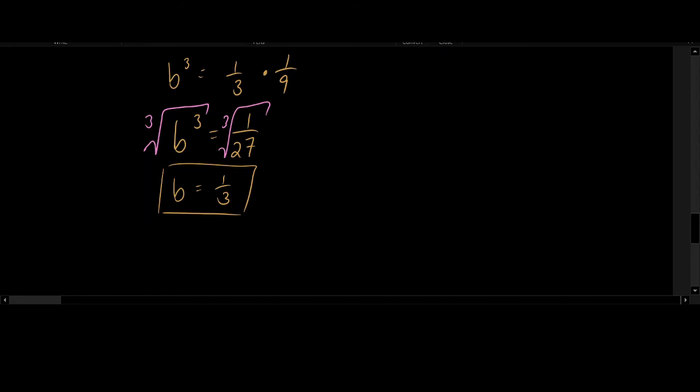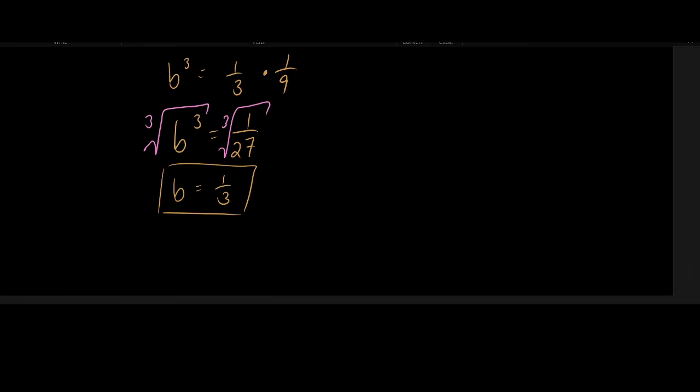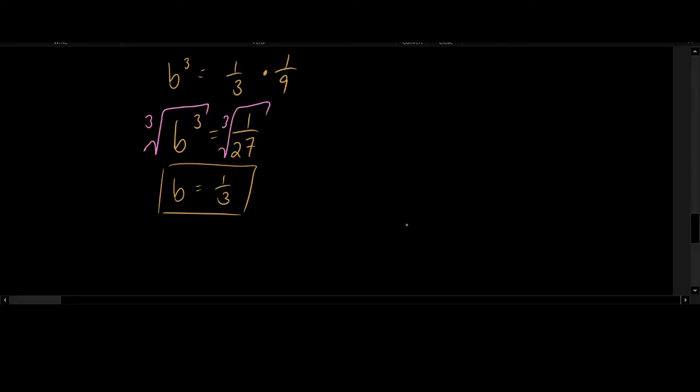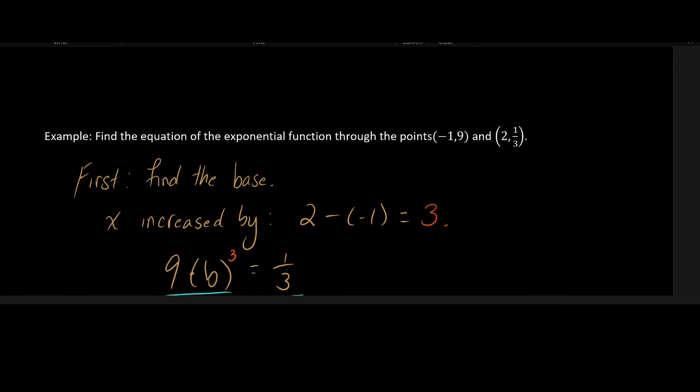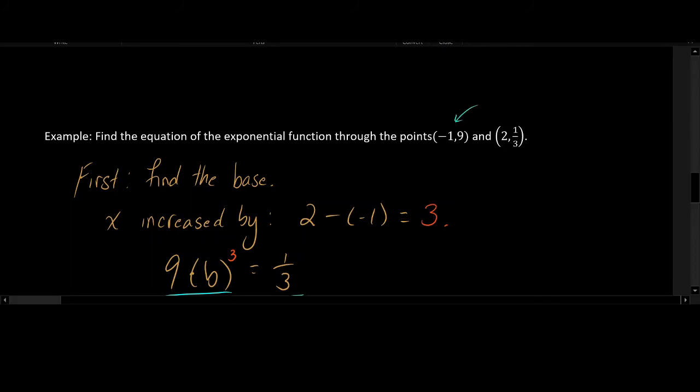Alright, halfway there. Now that we have our b value, together with our favorite point of the 2 given points, we can now calculate the value of a. I think probably this first point is my favorite again, just because it doesn't have any fractions in it.